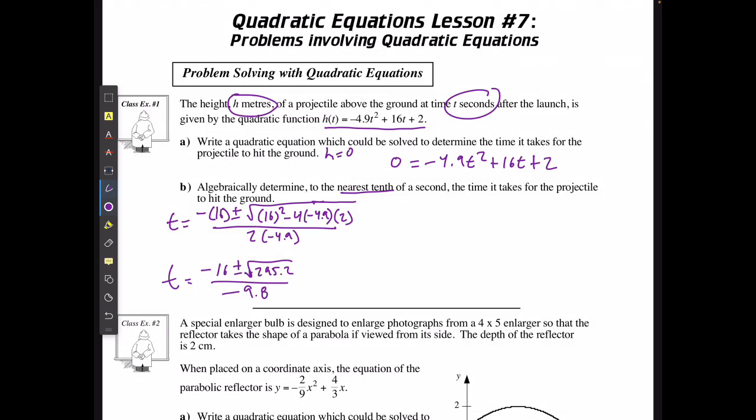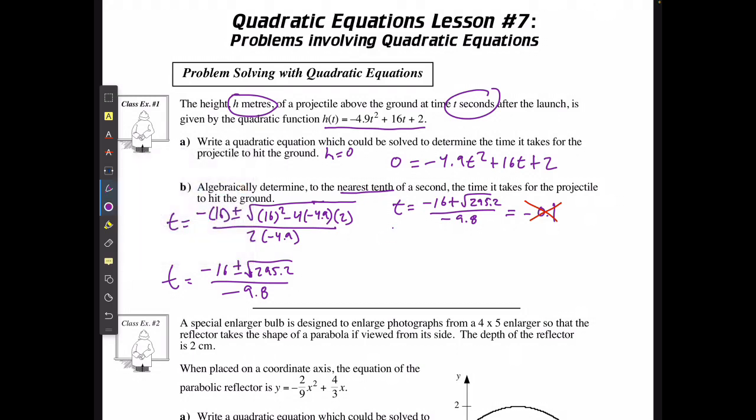Either I can take the plus: t is equal to negative 16 plus the square root of 295.2 over negative 9.8, and that's going to give me a value of negative 0.1. Well, that doesn't make sense because I'm not going to travel back in time for this to happen.